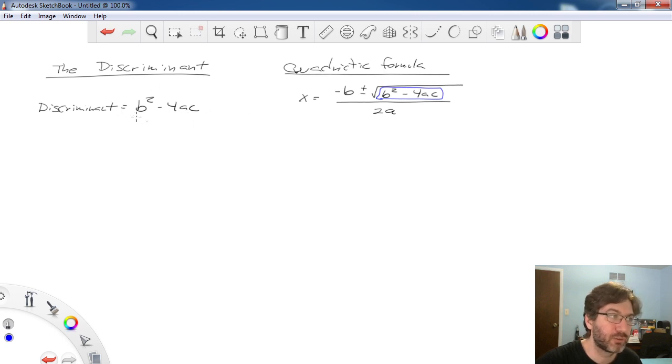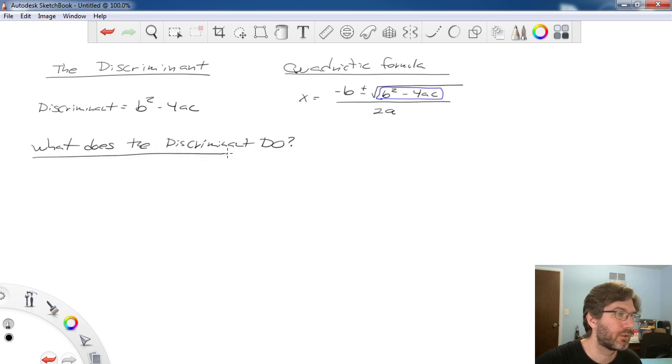And all you're going to do is plug into this to get your discriminant, and then you have to learn how to read your discriminant and what the discriminant does. So what does the discriminant do?